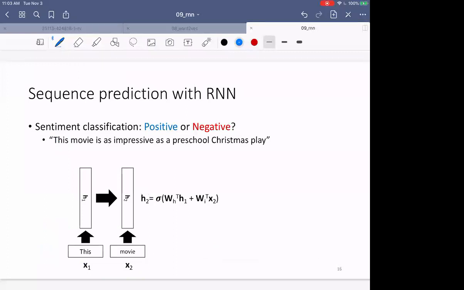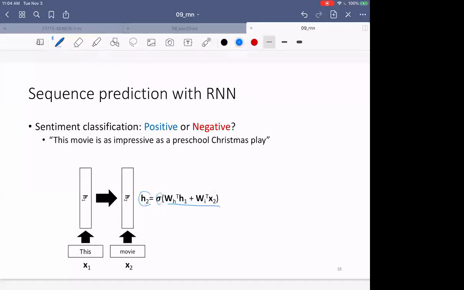Now it's time to put in movie, and once you inject movie, your H2 is derived by this formulation. I forgot the B here, but we're not going to denote the bias term anyway. Here I'm just using sigmoid, but it could also be ReLU, it could be tanh, it could be anything. All right, so you do this for H2.